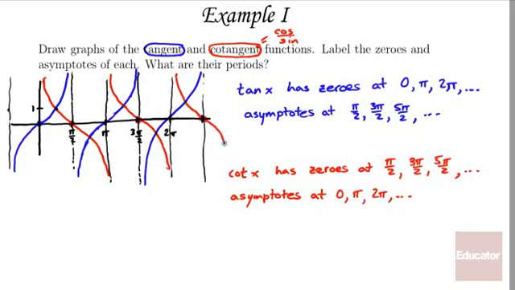Like that. So that's the cotangent function in red.